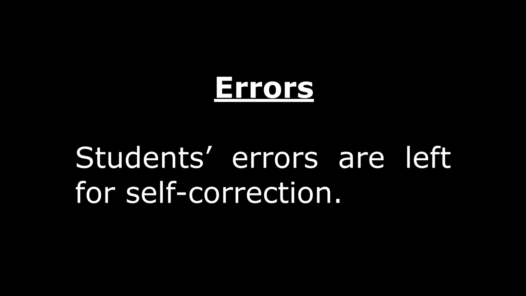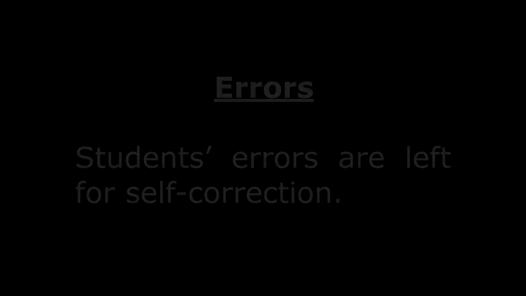This is why the errors are not corrected. Their errors will be corrected by listening, by doing, by learning, by observing. So they will make mistakes and their errors will be corrected, but not while they are talking, while they are making conversations.